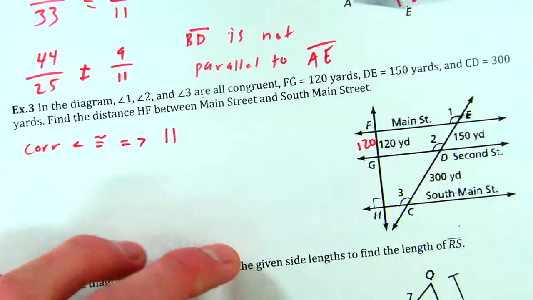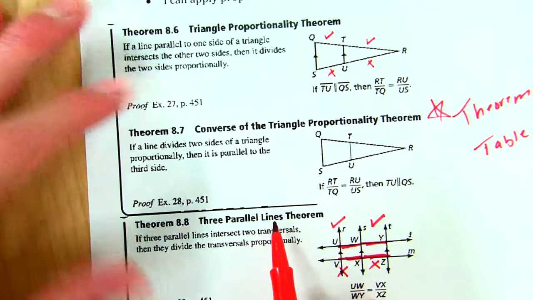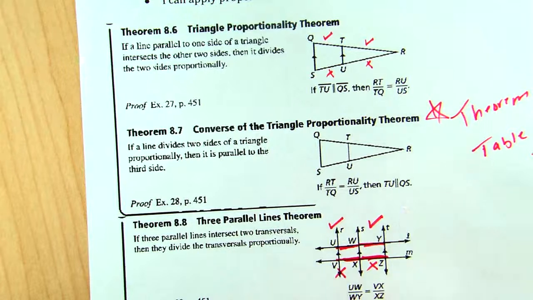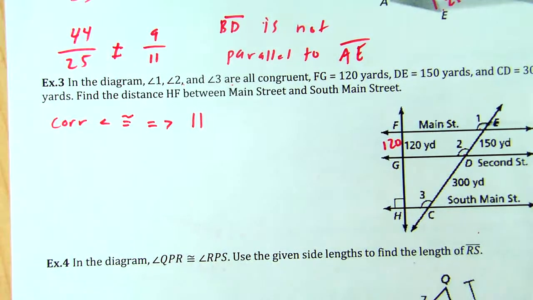Okay, that's an important step, because you can't actually use the 3 parallel lines theorem if you don't have parallel lines. The reason we do have parallel lines here is because you've got some corresponding angles that are congruent. So now that we know that we actually have parallel lines, we can use that theorem.